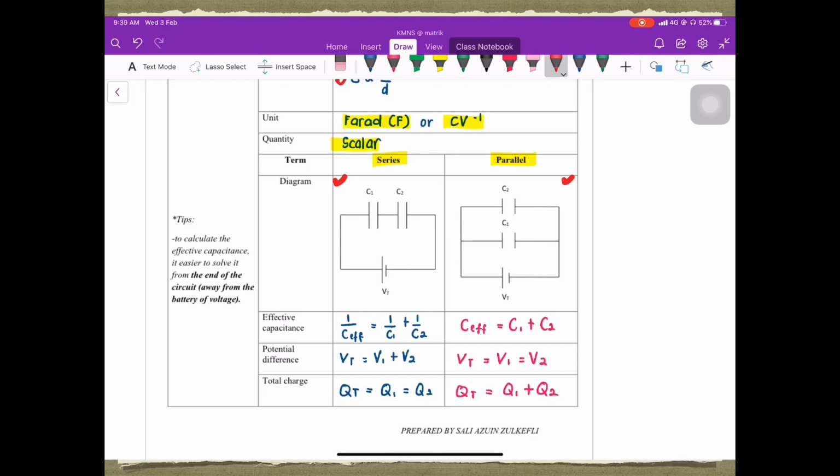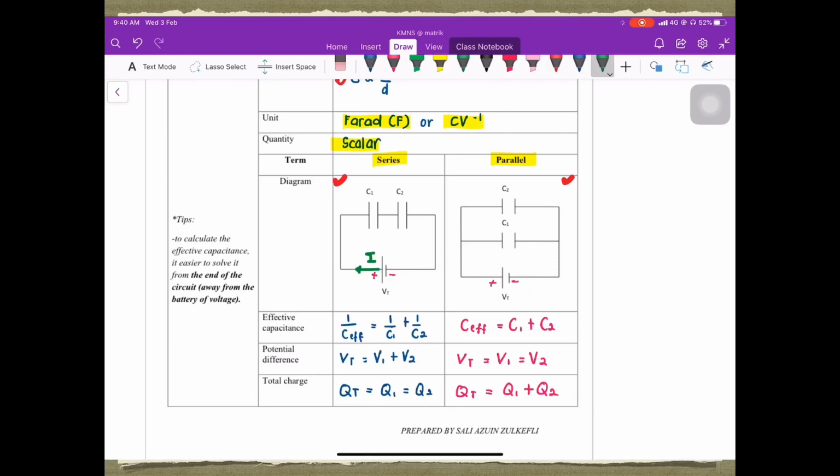Now this is the battery here. This one is the positive terminal, this one is negative. Same with this diagram. So what happened? The current will flow from positive to negative terminal.